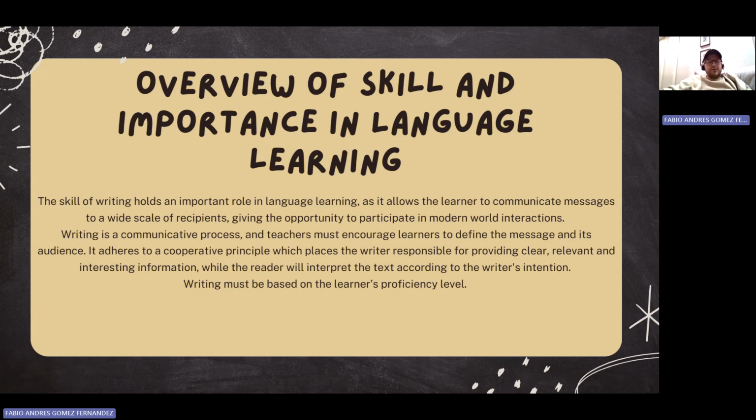Also, writing adheres to a principle of cooperation, which places the writer responsible for providing clear and interesting information, while the reader will interpret the text according to the writer's intention.